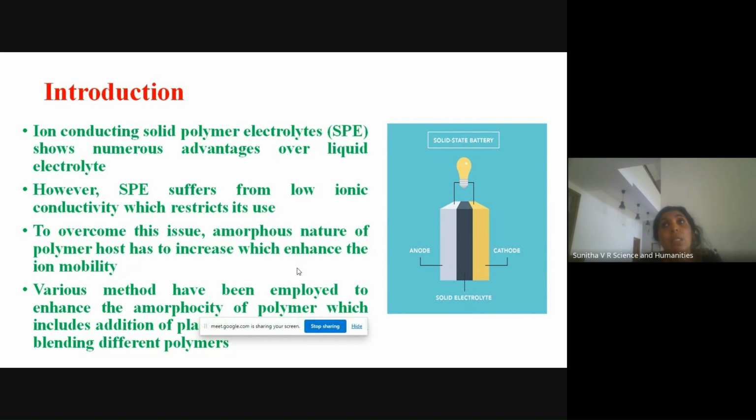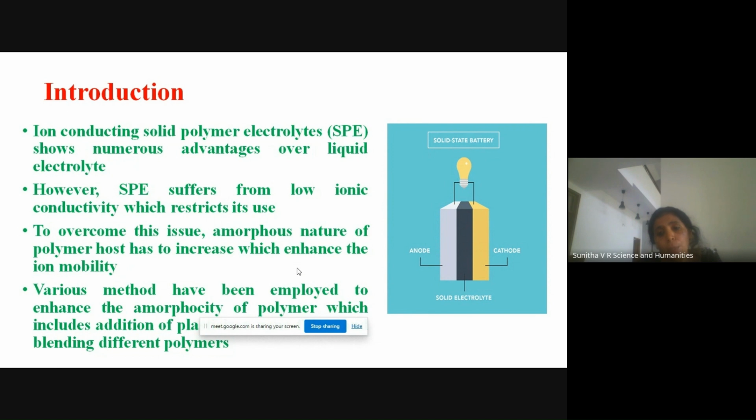Studies have revealed that polymers in the amorphous phase have better conductivity compared to the normal ones. So what we have tried to do here is improve the amorphous content of the polymer.